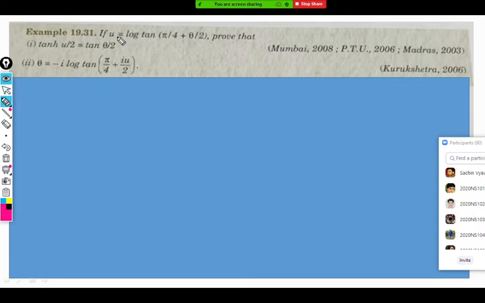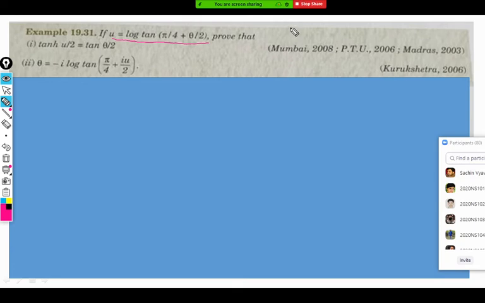Few things you should get when we solve. So first of all, in the solution, we are given u is equal to this, and we have to come across tan hyperbolic u by 2. Now from this result, if we want tan hyperbolic u by 2, we have only Euler's definition in our hand.